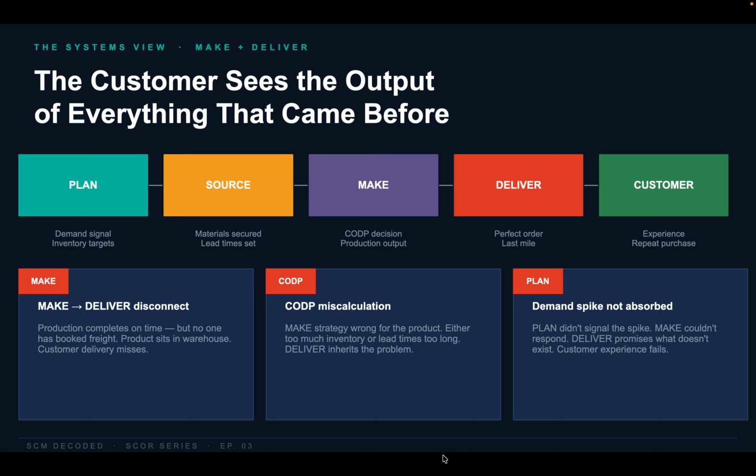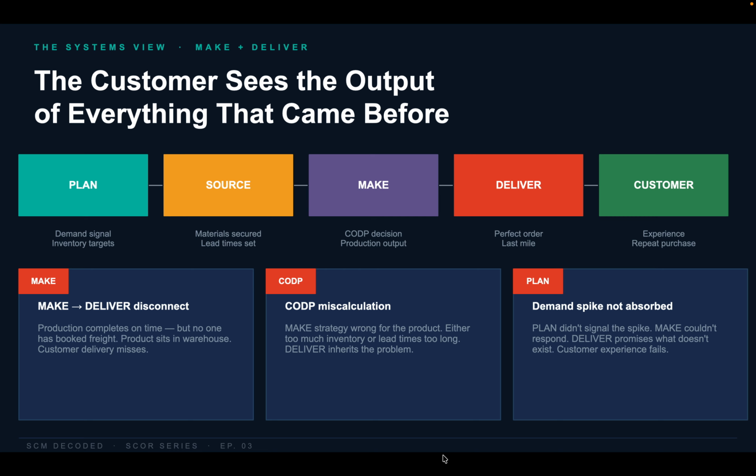Deliver inherits that problem on every single order. Failure 3. Plan did not signal a demand spike, so the make could not respond to it. Deliver promises what does not exist. Customer experience fails and deliver gets blamed for a planned decision.